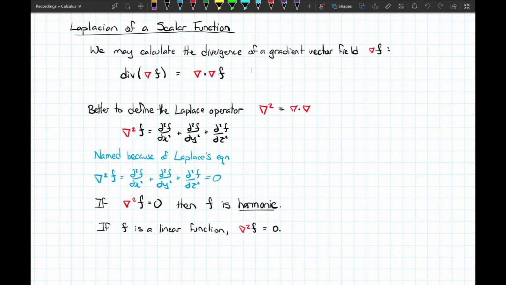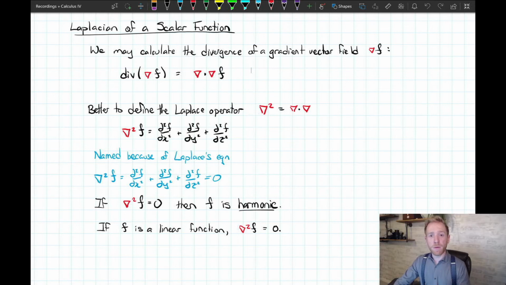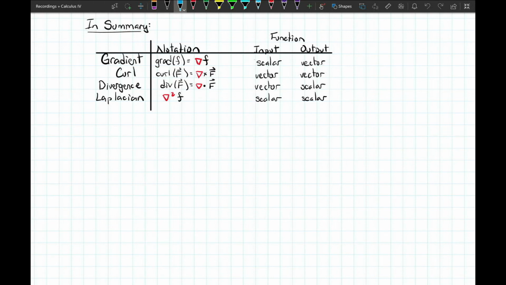All right, before we dive into any more theory on gradients, curl, divergence, and the Laplacian, let's just do a quick example of calculating those 4 quantities for vector and scalar functions. Now, it's important to remember what the input and output function types are going to be for these 4 derivative type of objects.